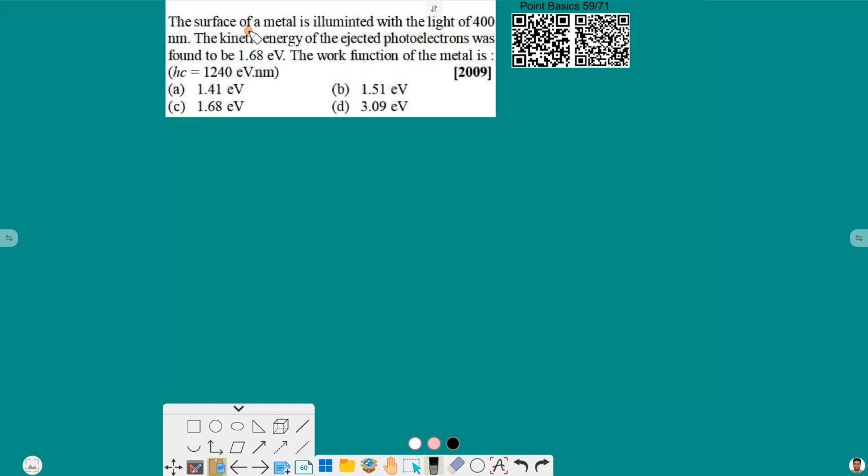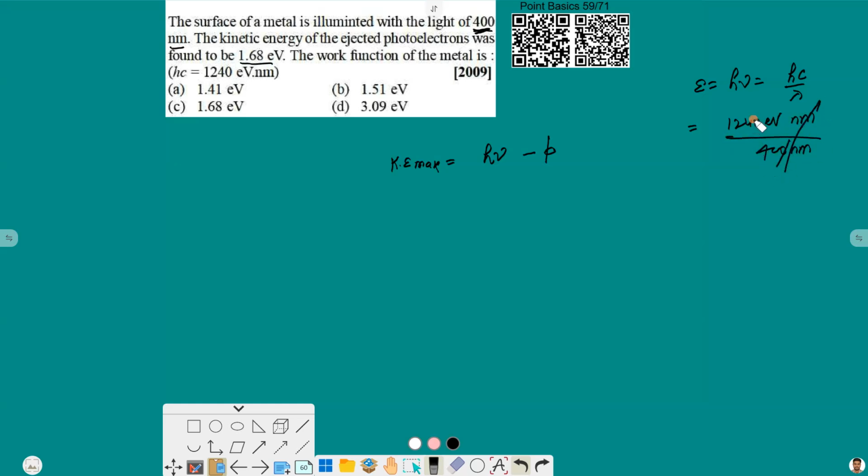Moving to the next one, the surface of a metal is illuminated with light of 400 nanometer. The kinetic energy of the emitted photoelectron was found to be 1.68 electron volt. What is the work function of the metal? So we know that KE max is equal to h nu minus phi. The metal is illuminated with 400 nanometer, so we can say energy h nu will be equal to hc by lambda, and that will be 1240 electron volt nanometer divided by 400 nanometer.